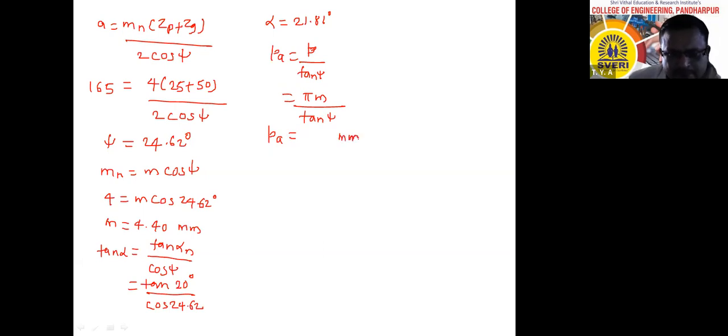Axial pitch in mm. 30.13. Next is which value?